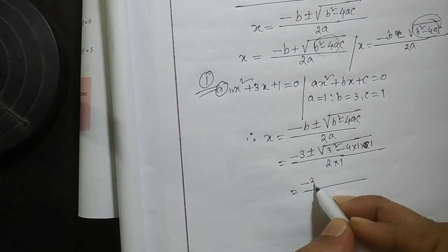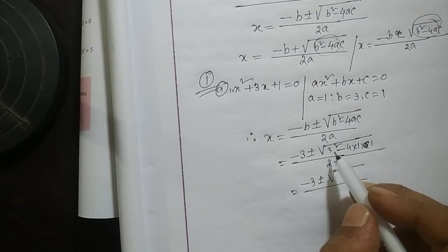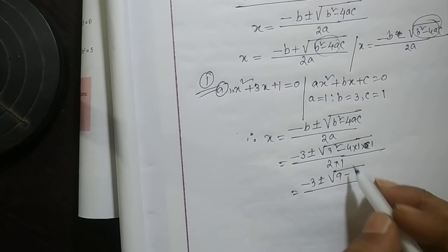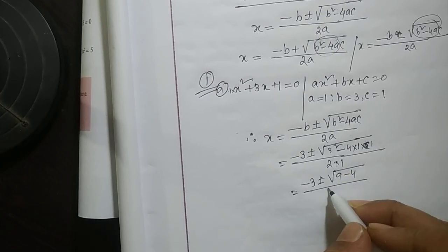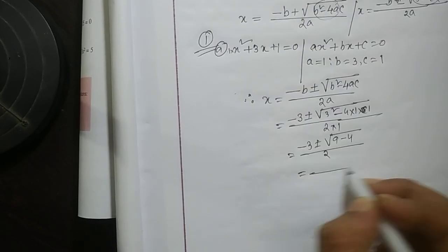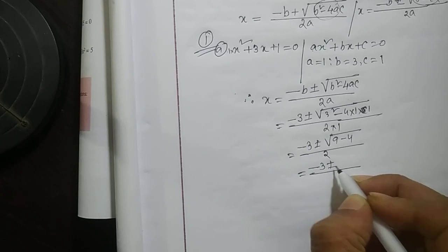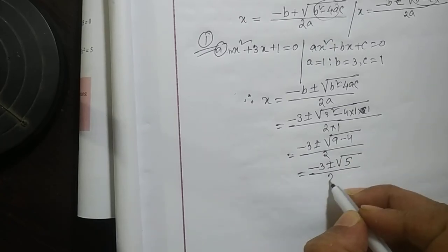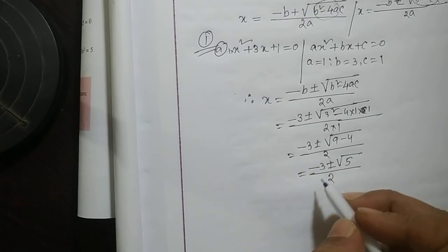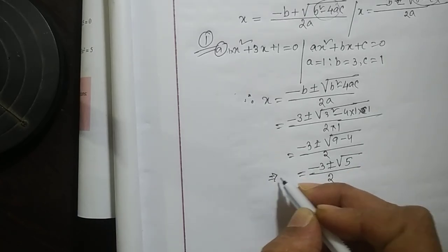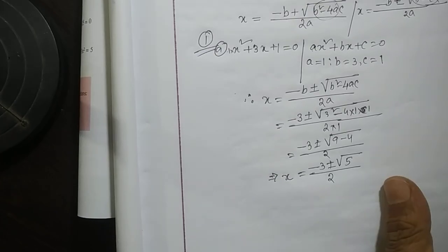Now simplify a little bit. Square root of 3 square means 9, minus what we have here, 4, denominator 2. Now minus 3 plus minus square root of 5. You can make a decimal solution, but I think it is not needed.